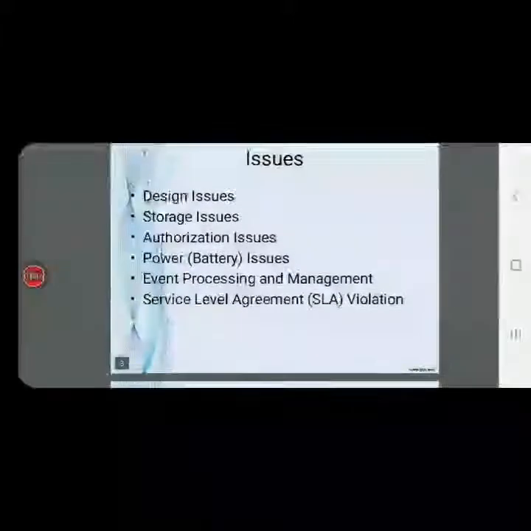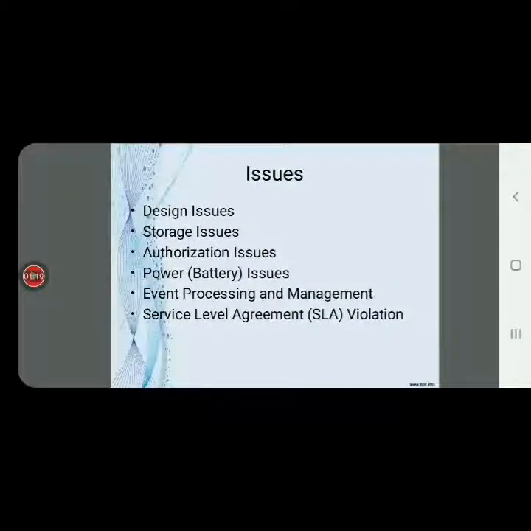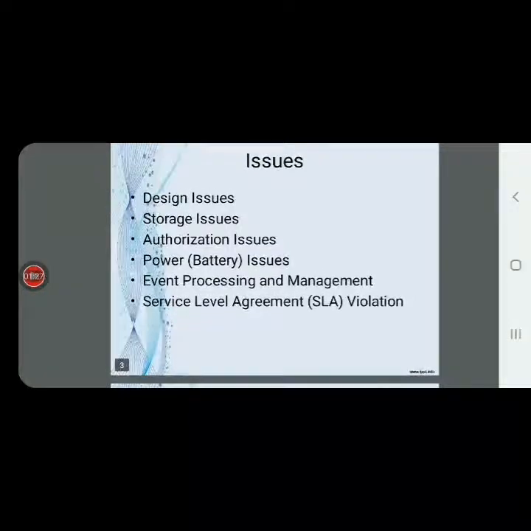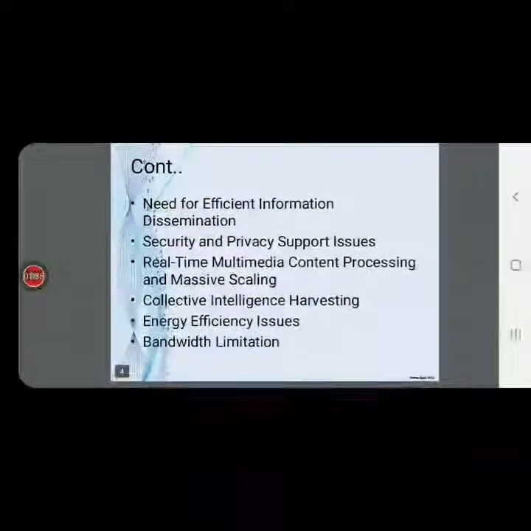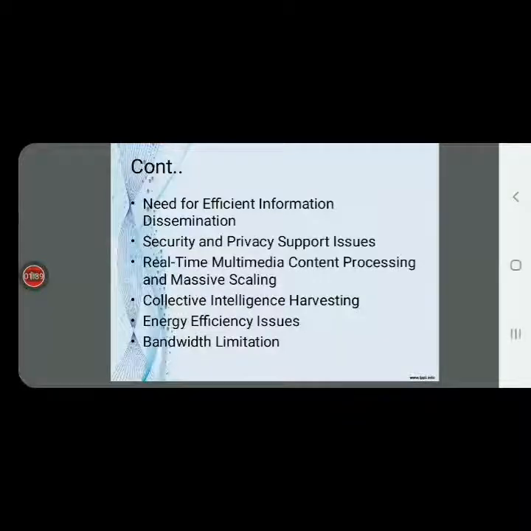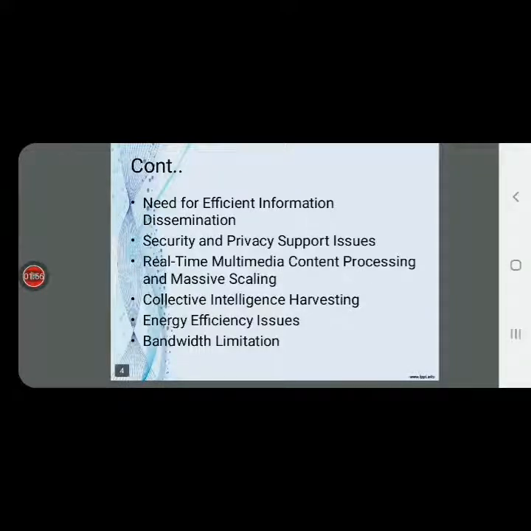The issues are: designing issue, storage issue, authorization issue, power issue, event processing and management issue, service level agreement, need for efficient information dissemination issue, security and privacy support issue, real time multimedia content processing and massive scaling issues, collective intelligence harvesting, energy efficiency issue, bandwidth limitation.